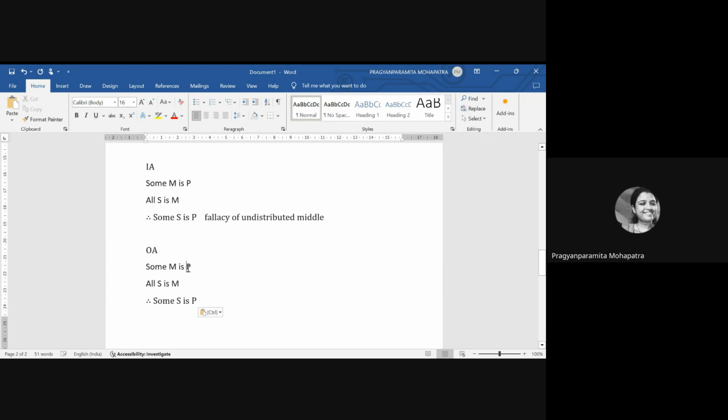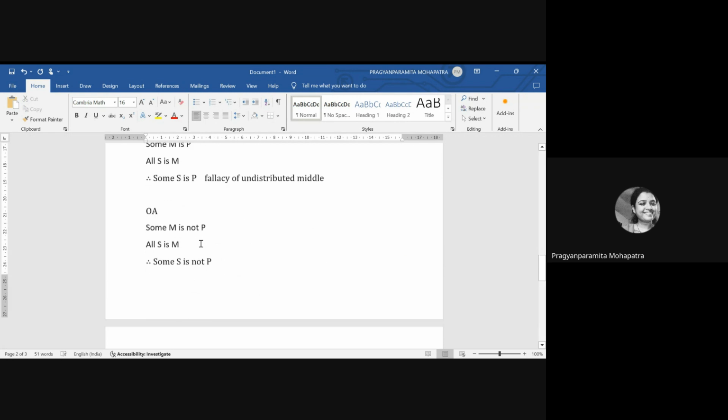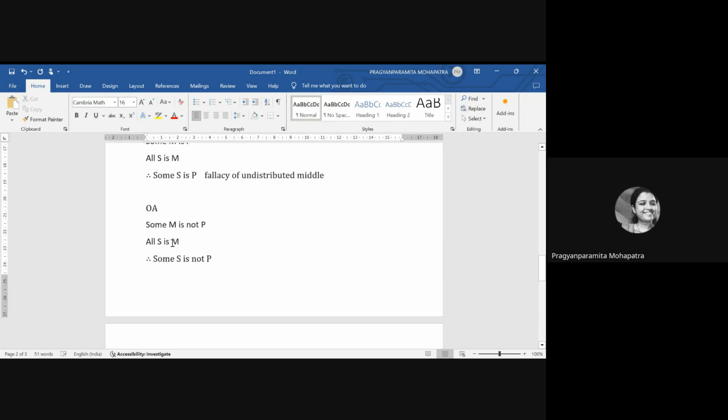Some M is... the major premise is O. Some M is not P. All S is M. So one of the premises is negative. The conclusion must be negative. Here also you can find that the major premise is an O proposition, and an O proposition distributes the predicate, but the middle term is in the subject place.